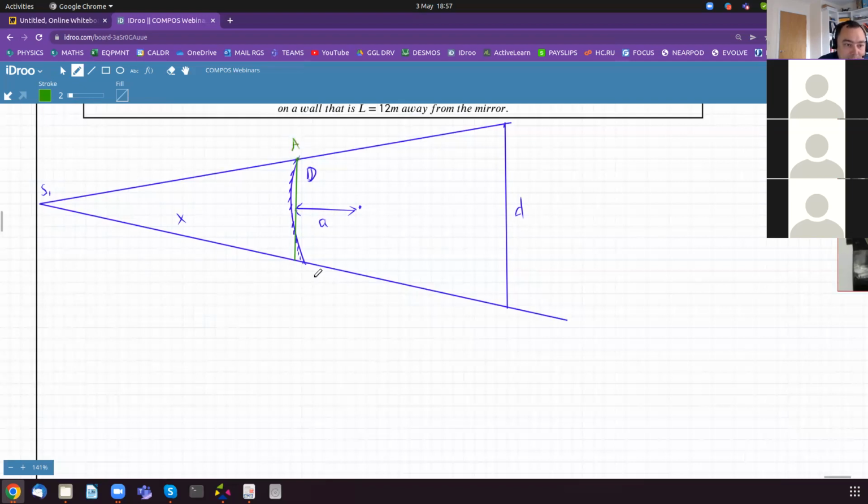Using the fact that these triangles are similar, I can say that the ratio of D to X is equal to the ratio, this is L capital, of D small divided by X plus L. This is the first thing.